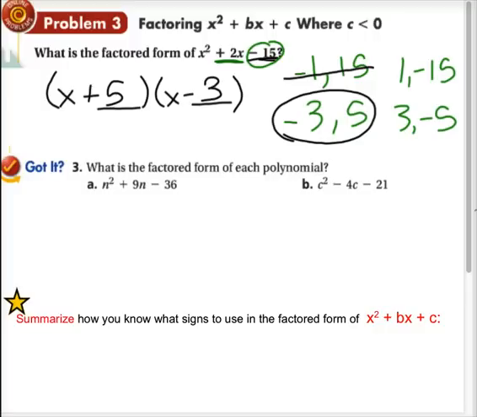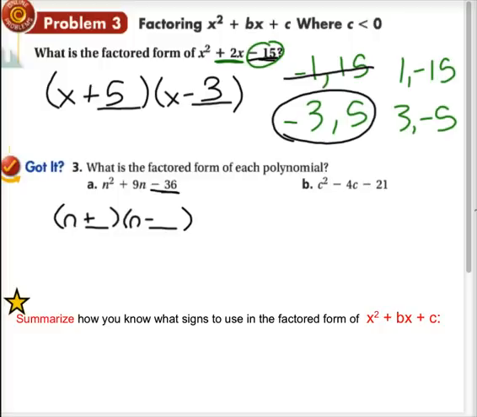So let's continue looking. Let's look at example A. Here, I'm noticing again, I have a negative C value. So I'm going to create this skeleton. We're going to have n plus a number and n minus a number.